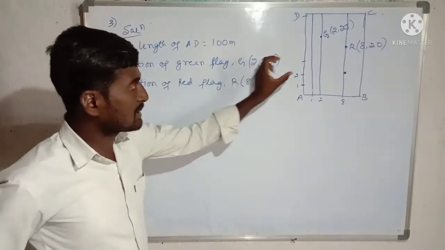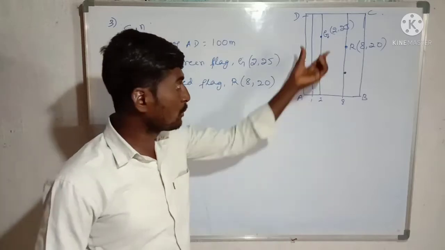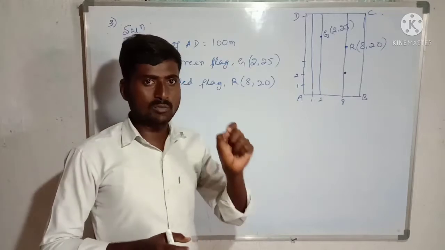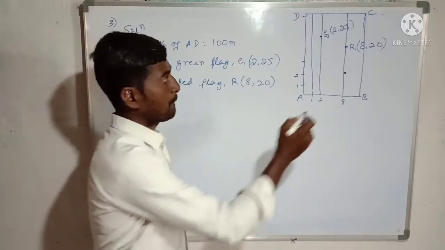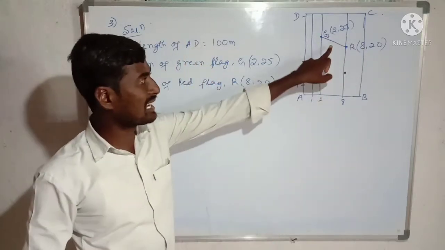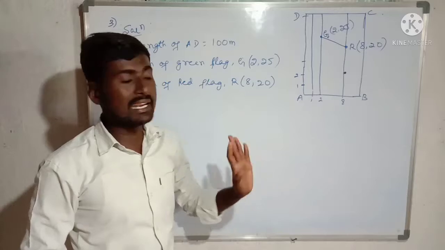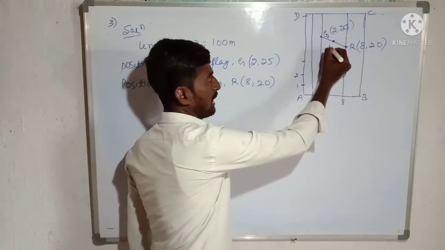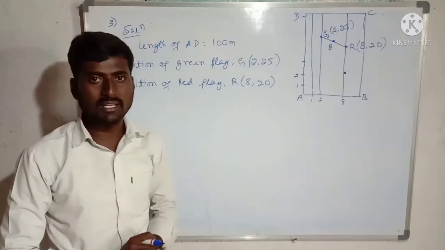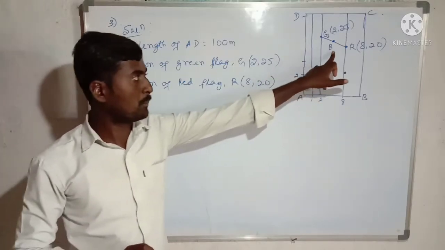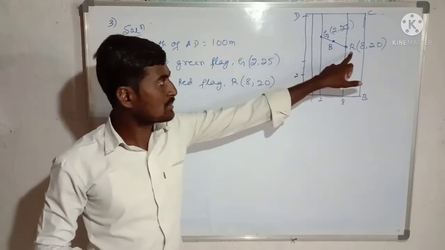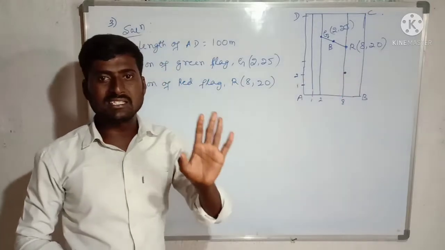So there is a point B which must be the midpoint of GR line segment. We can find the point B by applying the midpoint formula, and we find the distance between G and R by applying the distance formula.